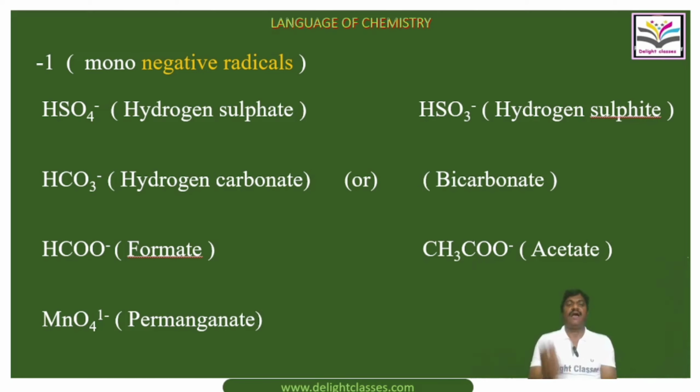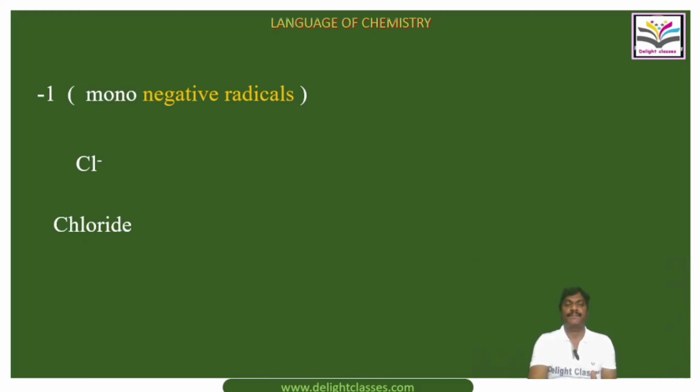HCO3 minus, hydrogen carbonate. If hydrogen is there, that can be called bicarbonate. HCOO minus, formate. CH3COO minus, acetate. MnO4 minus, permanganate.